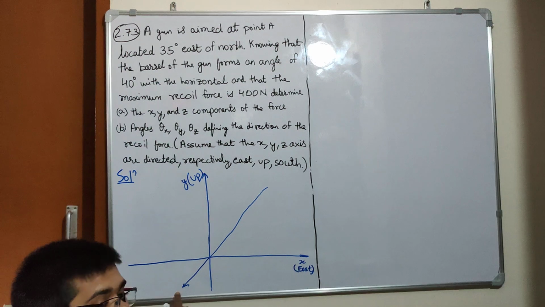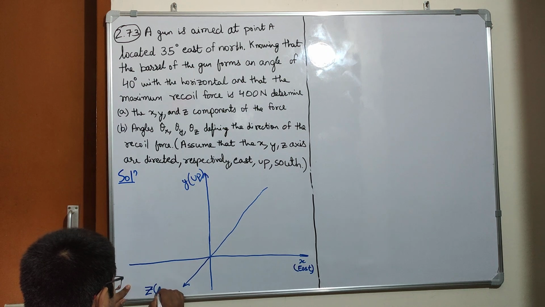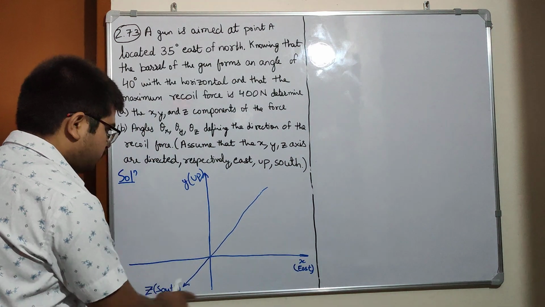So this is our z axis and it is in the south direction. So the opposite of south would be north.